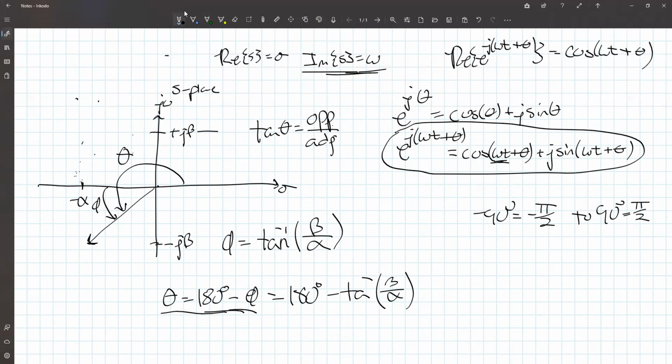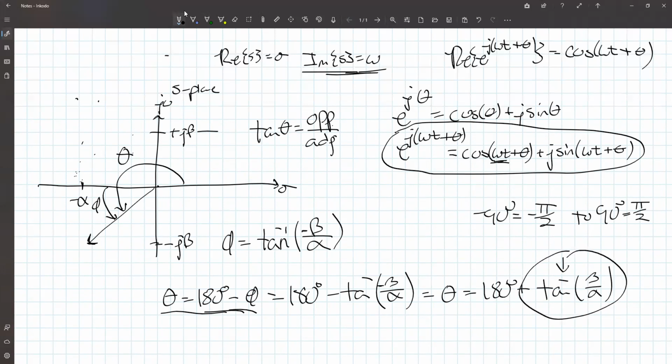If I plug in that negative there and that negative there, then theta is equal to 180 degrees plus the inverse tangent of beta over alpha. And you can see that that's going to give me the angle that I want. This right here would be phi now, this term.